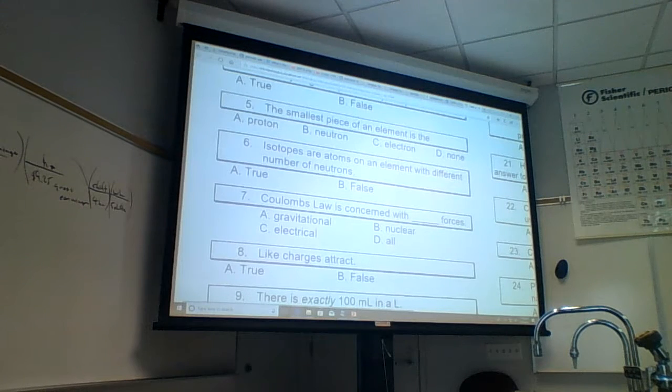I see what you're saying. What you're saying is the smallest piece of this, but we don't know what the smallest piece can be broken up into, because these things can be broken up into even smaller pieces. And in fact, that's what they're looking at.